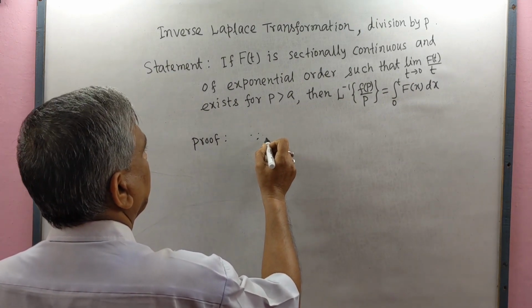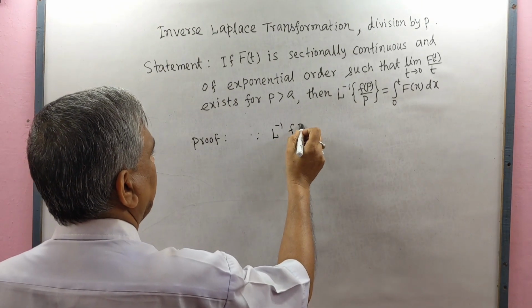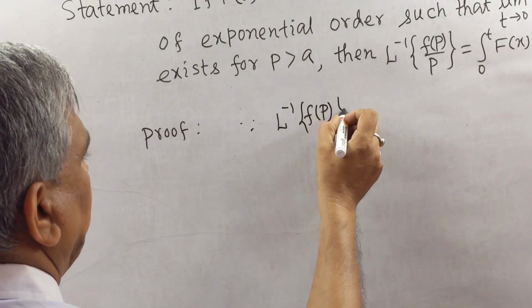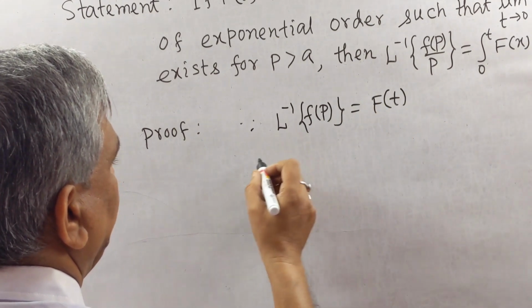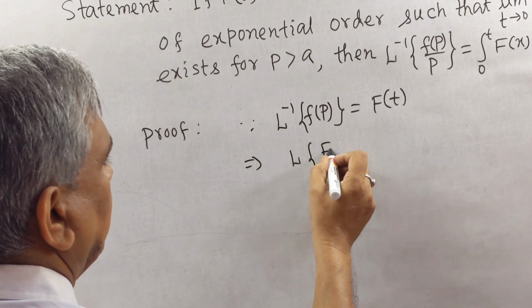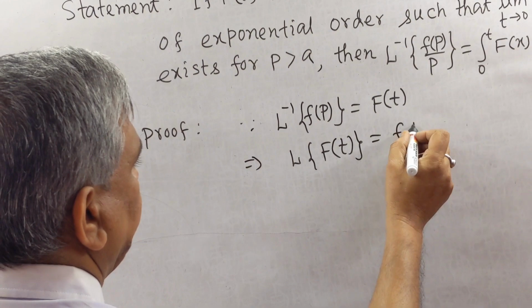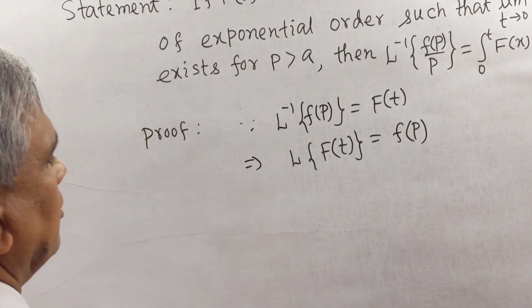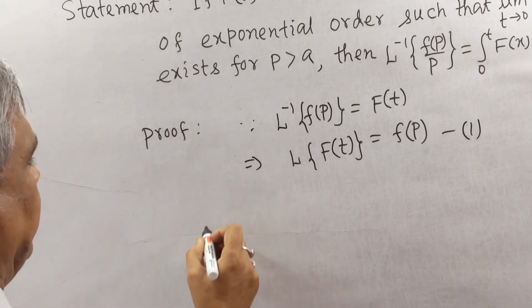Since L inverse f(p) equals F(t), this implies L{F(t)} equals small f(p). This is number 1.